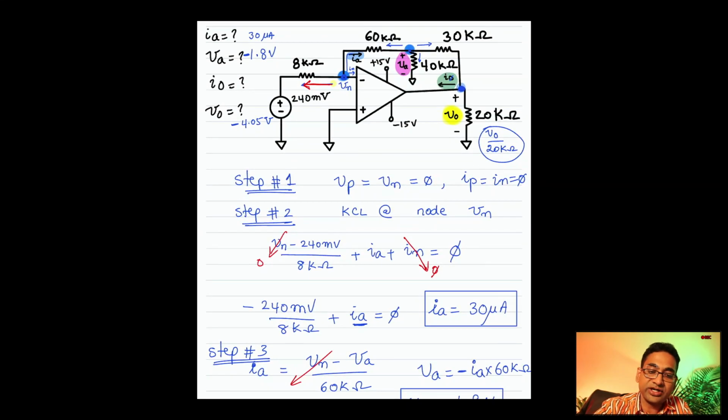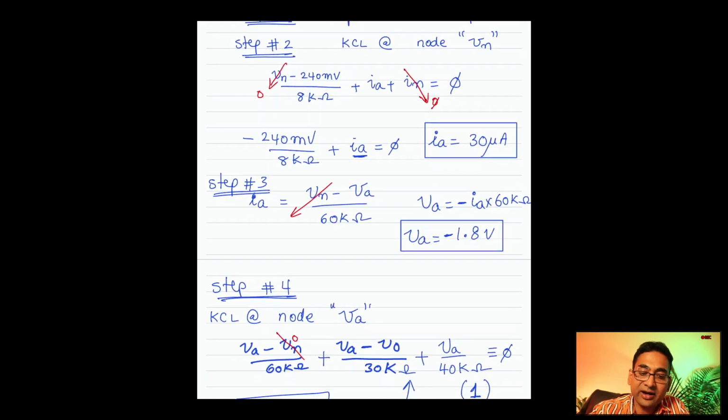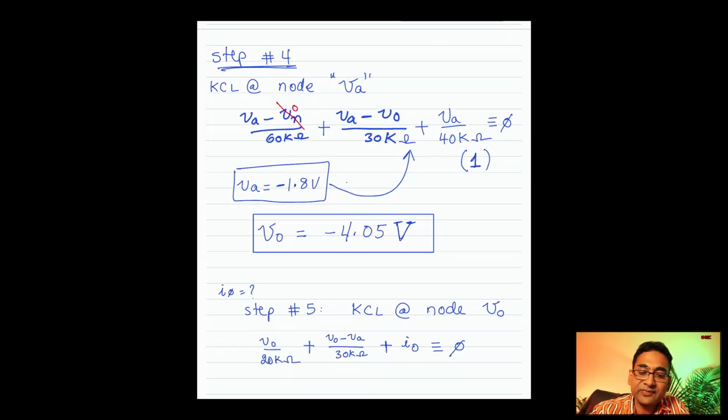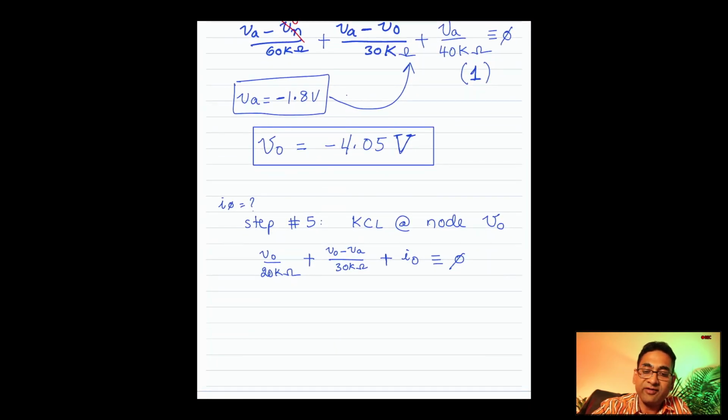This is an interesting problem because we are writing 3 KCL equations. First is KCL at node Vn, then KCL at node Va, then KCL at node Vo. Now if you think about it, you know the value of Vo. Vo is negative 4.05 volts. Now you know the value of VA. VA is negative 1.8 volts. We calculated them in the previous step.